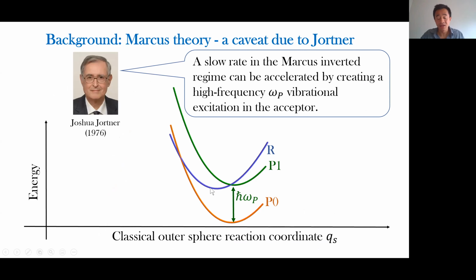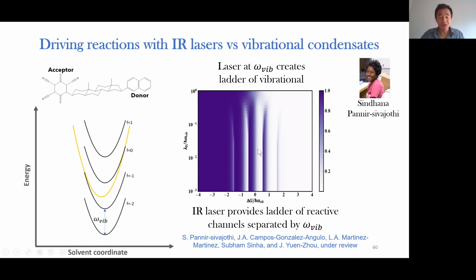You cannot create one de-excitation because you started in the ground state. But when you put in laser energy, you create a replica of parabolas, where one vibrational excitation can be lost or gained. So then you create a replica of different parabolas that can cross the reactant potential energy surface shown in yellow.